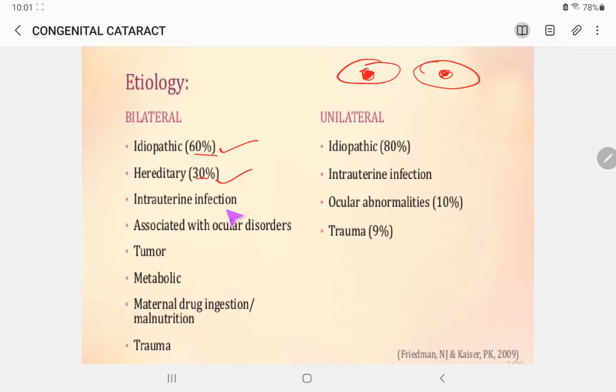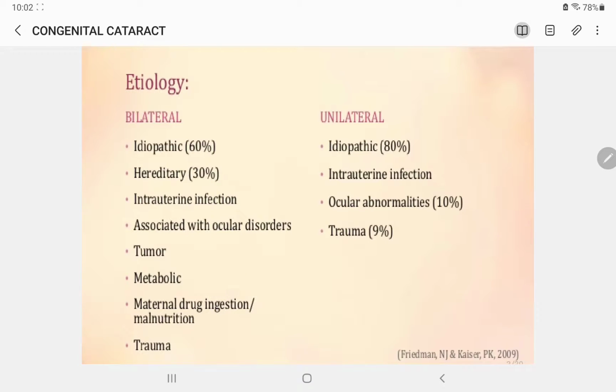And we should not forget intrauterine infection, which includes any kind of sexually transmitted infection in the mother, rubella, etc. So intrauterine infections are also responsible for bilateral cataract.